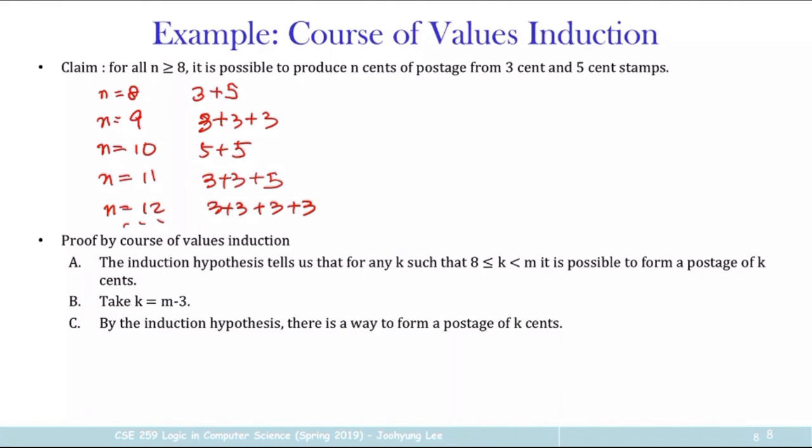This is by induction hypothesis because k is less than n. So suppose somebody tells you I created k cent postage, where k is n minus 3, which is n minus 3 cent postage. How can you create n cent postage using that?